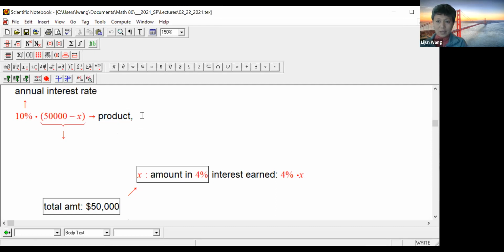No dollar sign attached to it. Okay. And this quantity is the principal amount. That has a dollar sign attached to it. The product, which is the interest rate multiplied by principal, acquires a new meaning, and is called interest.